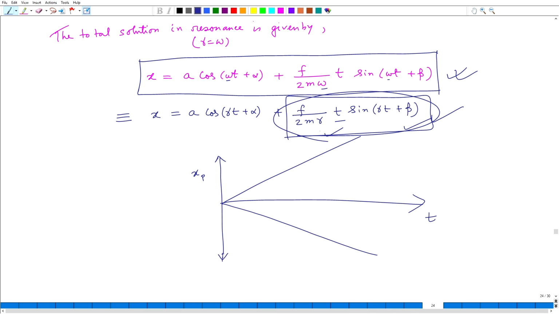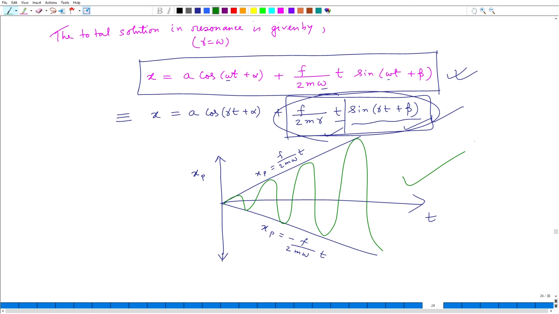So you have this linear function xp is equal to f by 2 m omega t and xp is equal to minus f by 2 m omega t, and in between what you will have? You will have a pure sinusoidal movement with increasing amplitude. Okay. So that is the most conceivable picture of resonance in case of forced harmonic oscillator.